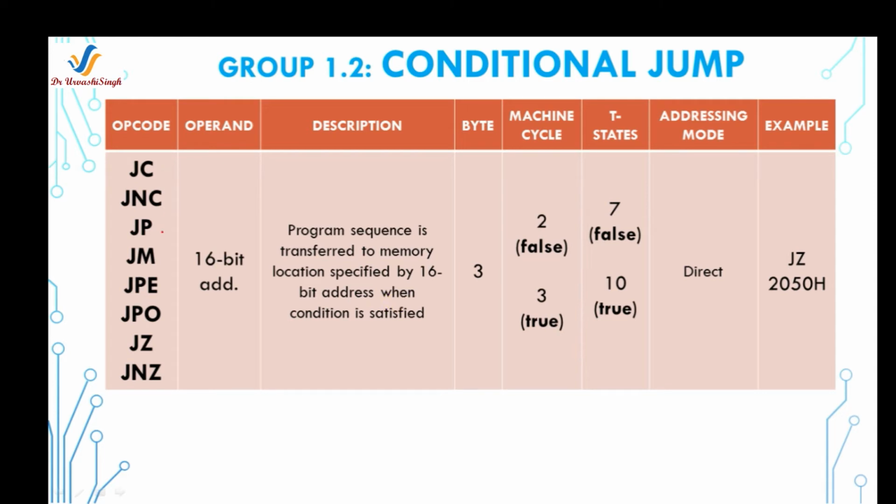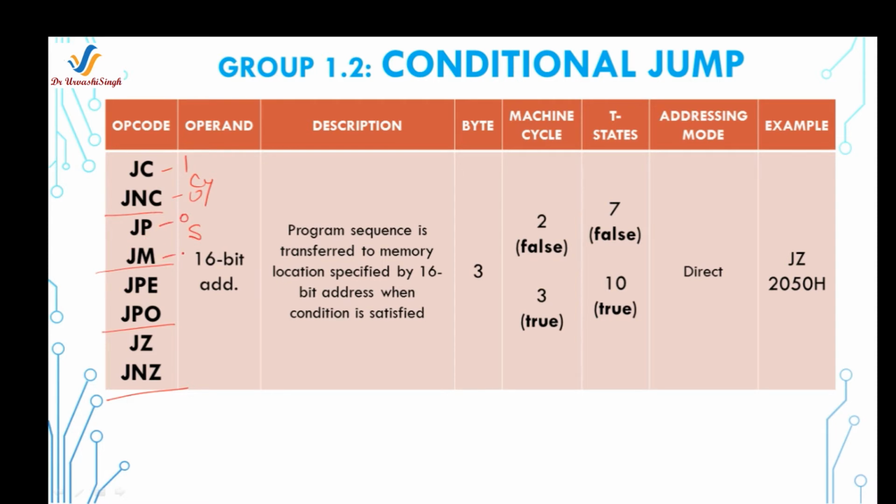As you can see in the list of the opcodes, for every flag there are 2 jump instructions. So first, JC and JNC, these are associated with the carry flag. If the carry flag is 1, then jump if carry. If the carry flag is 0, then jump if no carry. Same for the sign flag. If the result is positive, then jump if positive.